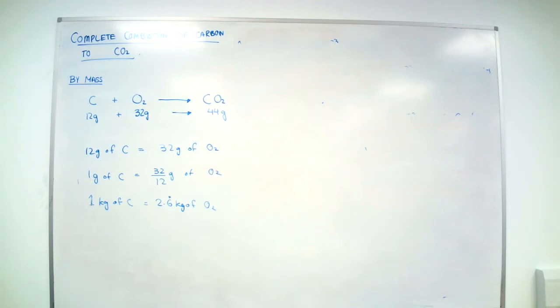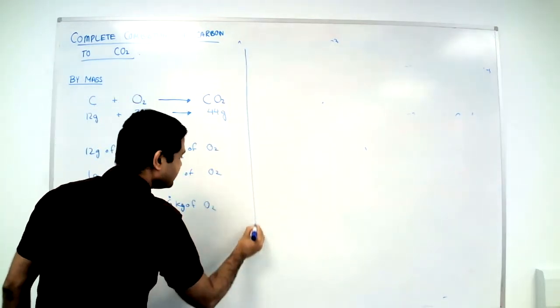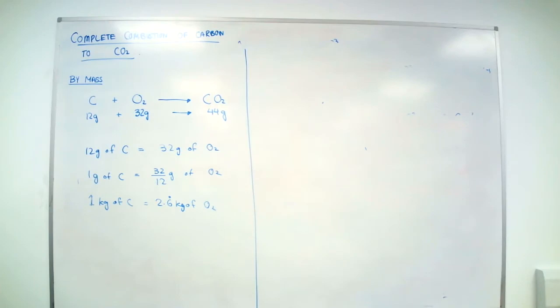Now, we can also convert that into a volumetric ratio. But before we do volumetric, there's one other thing. Let's say we got oxygen, but we can't just extract the oxygen from the air.